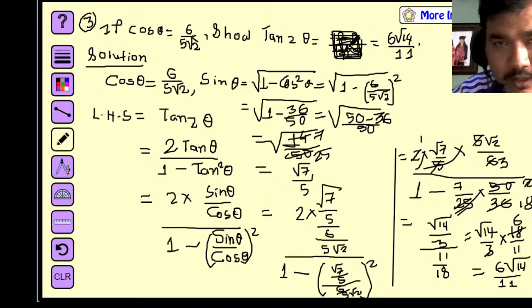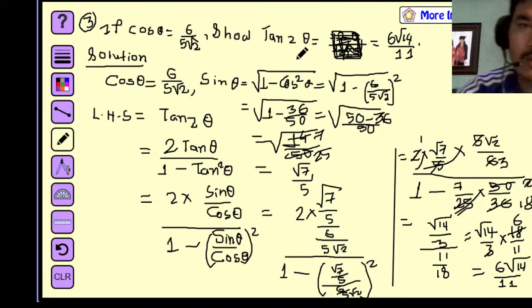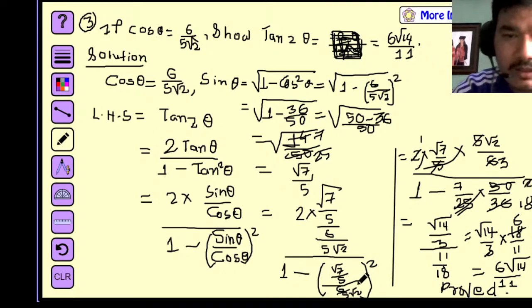This is not the result to bring. This value was copied from another question. Tan 2 theta came here 6 root 14 by 11, which was asked to prove, so it is proved now. Right? This is the way to prove this type of question.